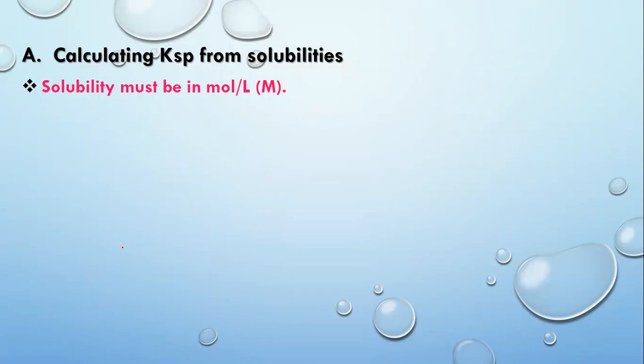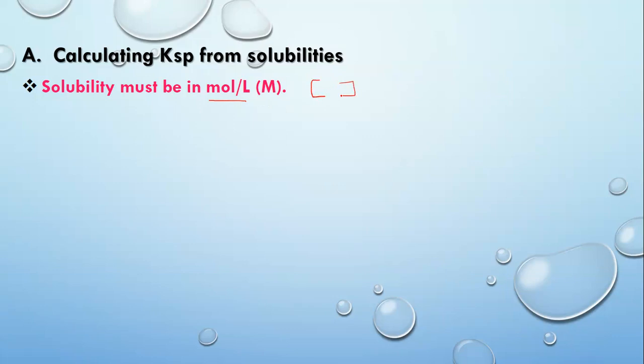Now there are two approaches that you will have to a KSP calculation. The first approach is calculating the KSP value from the solubility. Solubility, meaning the extent to which it dissolves in solution, must be expressed in moles per liter, or molarity. And again, that's what the square brackets mean.